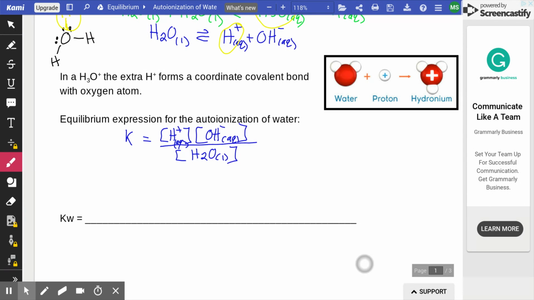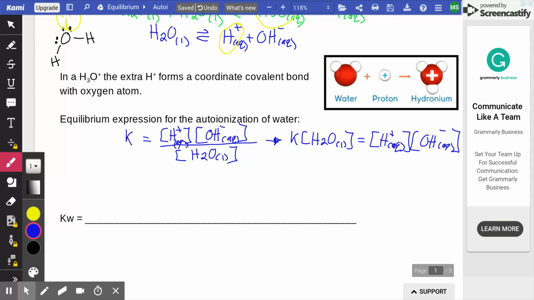What happens is we take this expression and we turn it into this. We go K times the concentration of liquid water equals the concentration of our hydrogen ion times the concentration of our hydroxide ion. Looks like this.